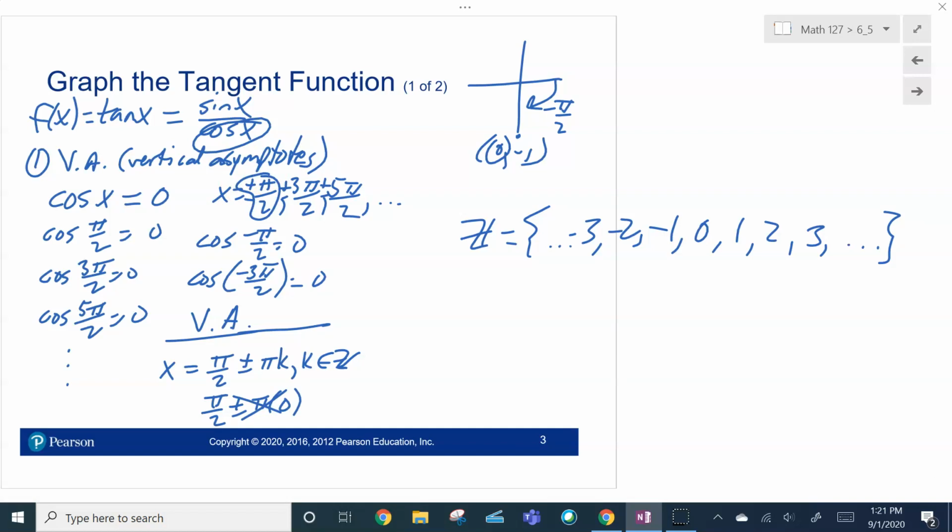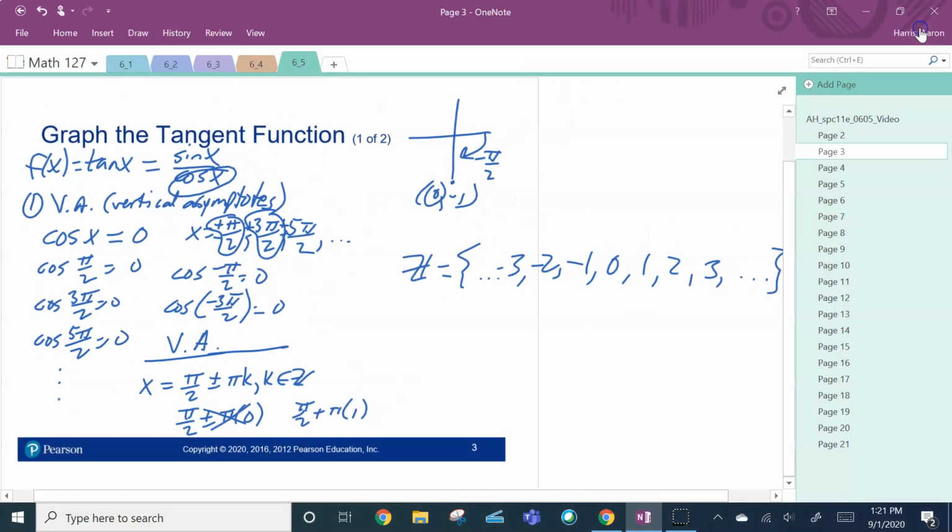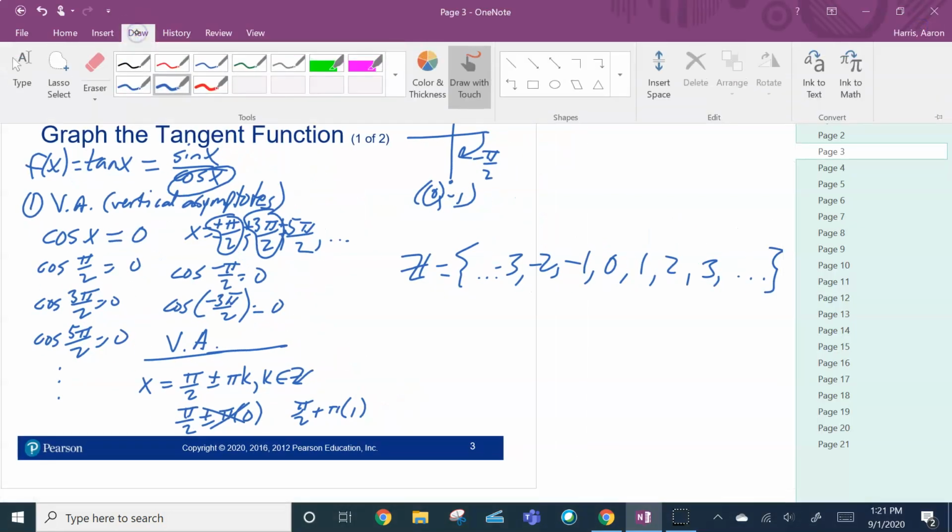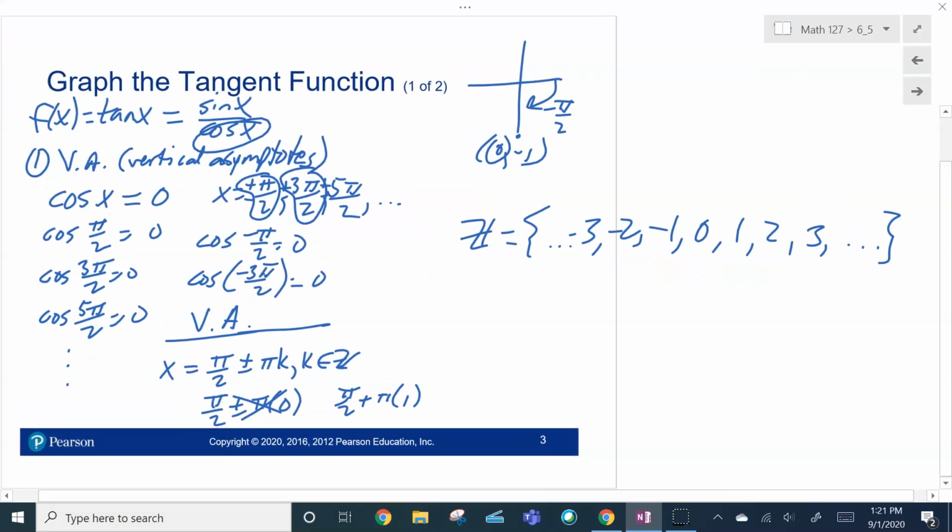If we let k be 1, now we have pi halves plus pi times 1, which is 3 pi halves. Now we have that one. If k is 2, now we have pi halves plus 2 pi, and we get our positive 5 pi halves.